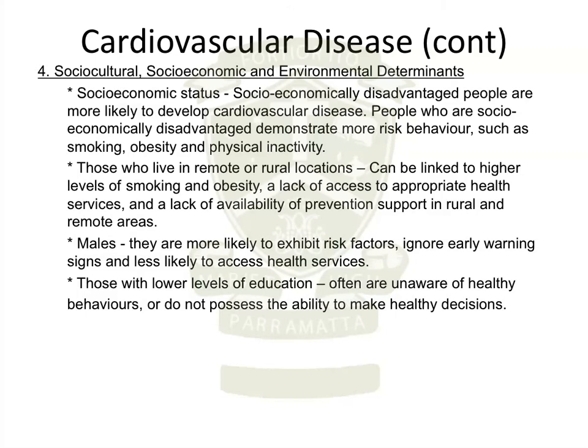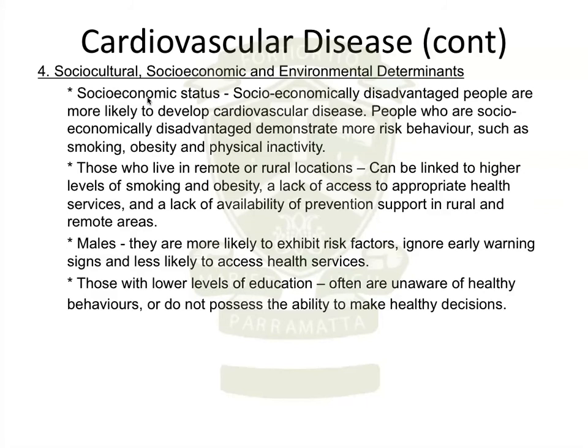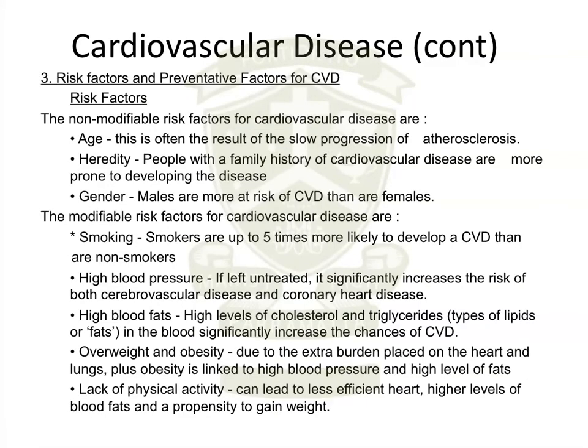Lastly, we've got groups at risk of cardiovascular disease. There is a very strong link here between groups at risk and risk factors. If age is a risk factor, then a group at risk will be the elderly.